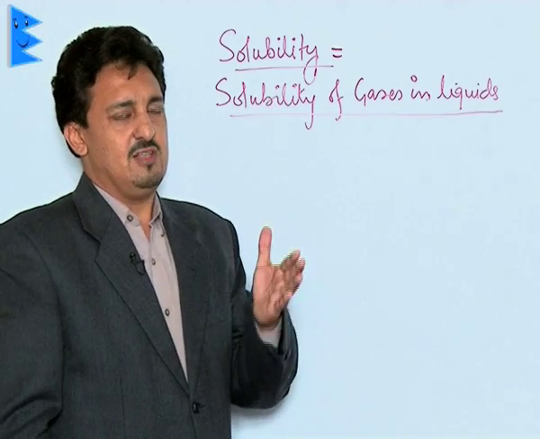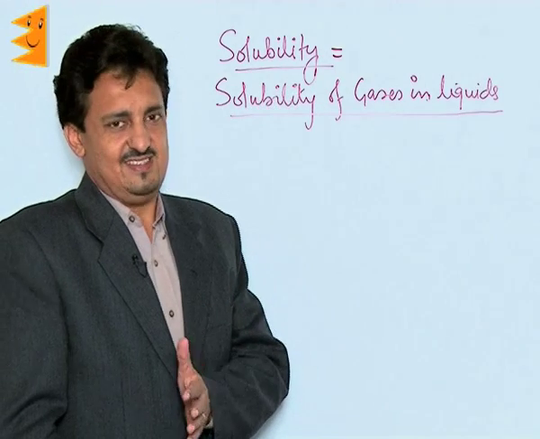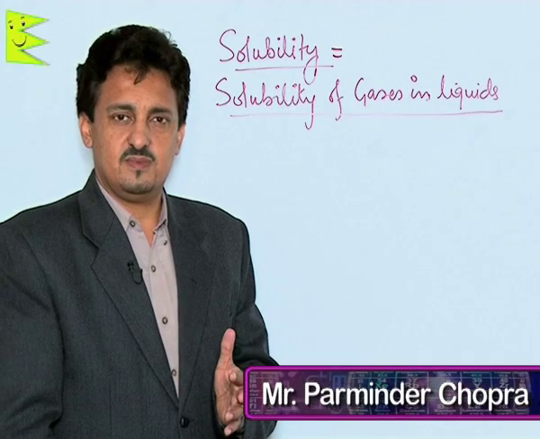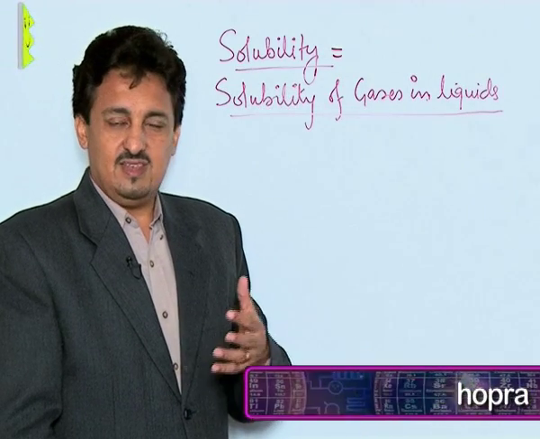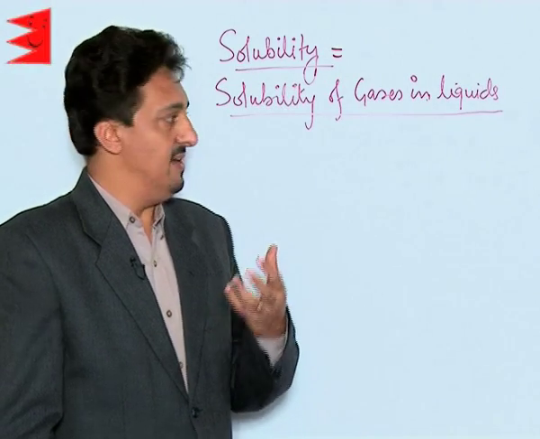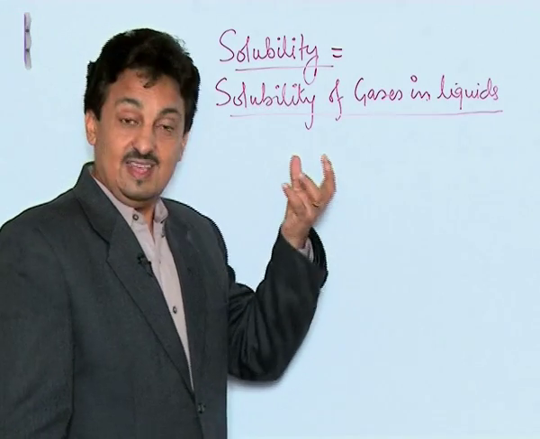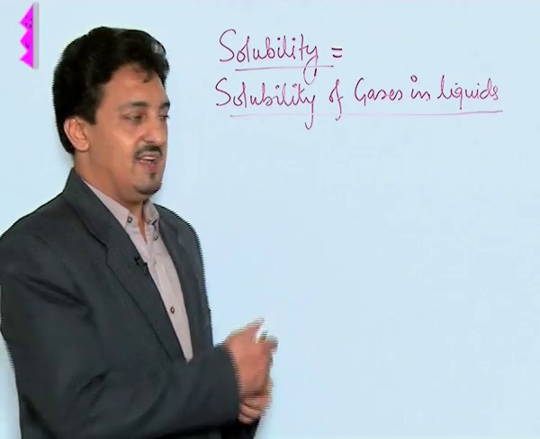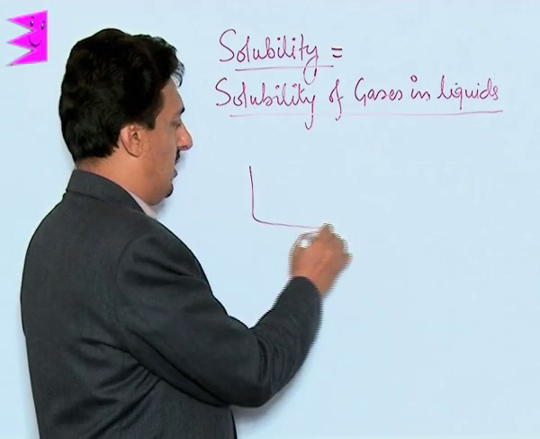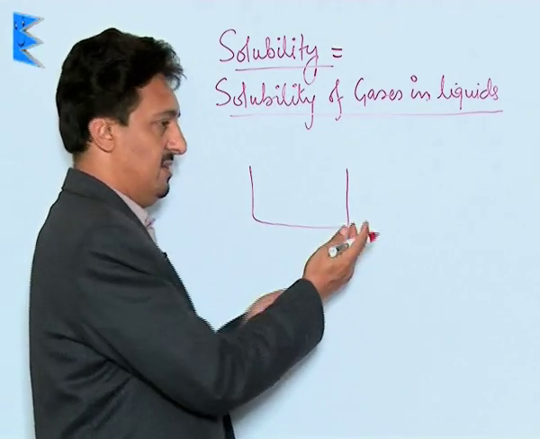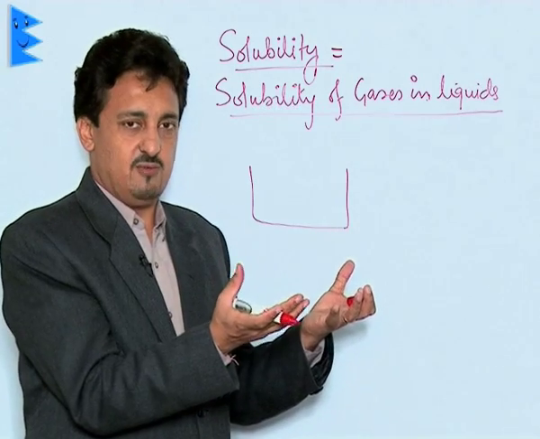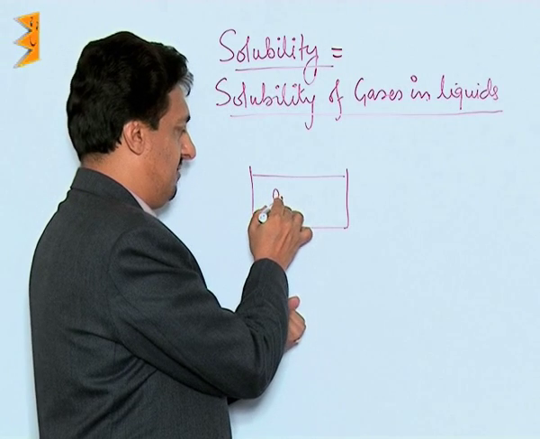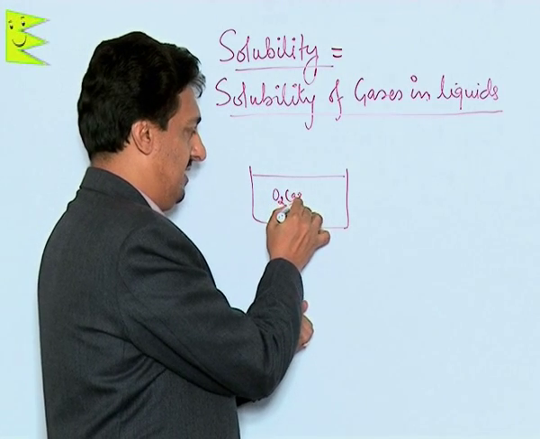After understanding the solubility of solids in liquids, let us understand the solubility of gases in liquids. We normally don't accept the fact that gases also get dissolved in liquids. The best example: if you take distilled water in a trough and place it in an open space for a short time, what we will find is that the distilled water will automatically contain a certain amount of oxygen dissolved in it.